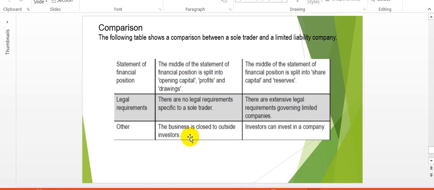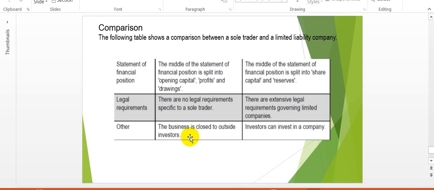The next comparison is that the statement of financial position for the sole trader, the middle of the statement of financial position is split into opening capital, profits, and drawings, whereas the middle of the statement of financial position for a limited company is split into share capital and reserves.